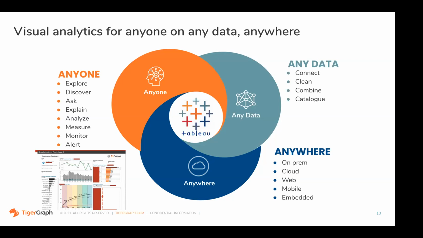Now, about any data, the name of the company, Tableau, kind of says it: table. It's expecting data to be in tables. That's the way people traditionally have organized their data. What they're allowing you to do is to very intuitively dig into that table, and maybe multiple tables. And if you can establish the relationship between those tables, i.e. a join, then just like in a SQL relational database, you can explore it.